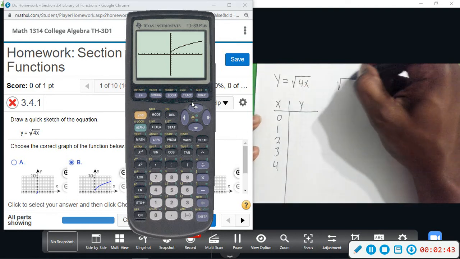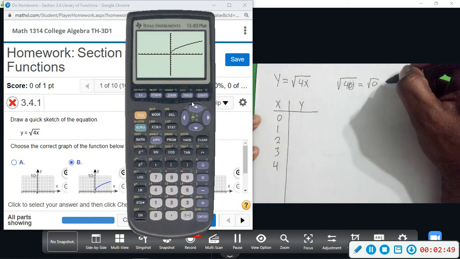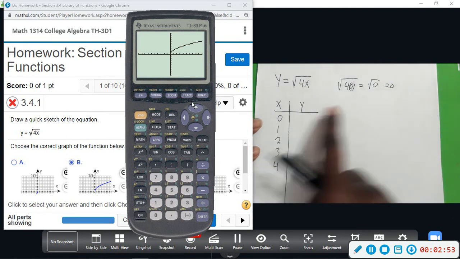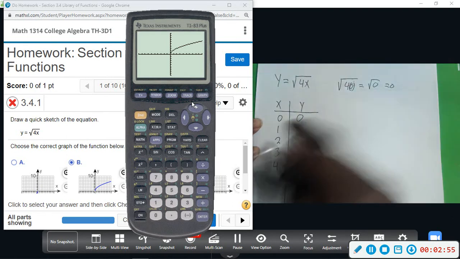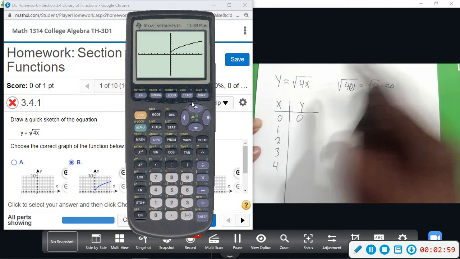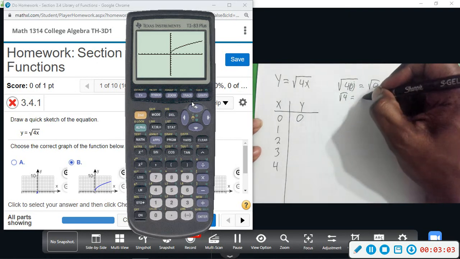Square root of 4 times 0 gives me the square root of 0, which is just 0. The rest of them I'm going to plug in the calculator. If you plug a 1 here, 4 times 1 is 4, so you have the square root of 4, and that would give you 2.